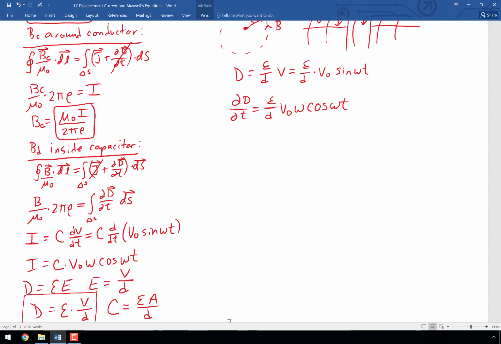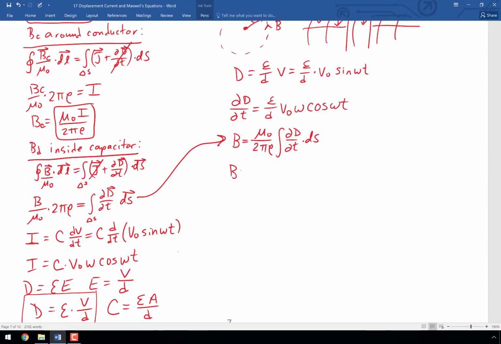And then I can plug this back into the equation that we put on the shelf. Remember that this equation right here, we put that one on the shelf, and now I'm going to come up here and I'm going to say B equals, I'm going to move the mu sub 0 over 2 pi rho over to the right-hand side, mu sub 0 over 2 pi rho times the integral of the partial of D with respect to t integrated over the surface area.